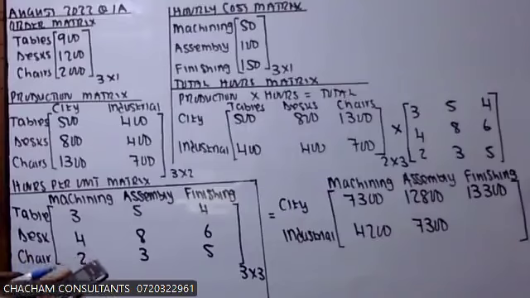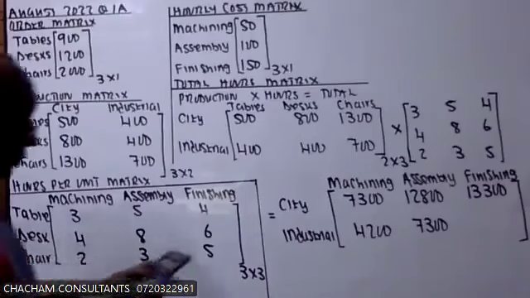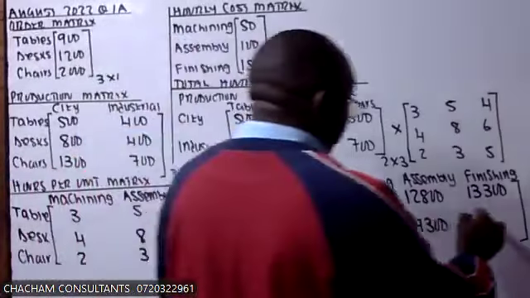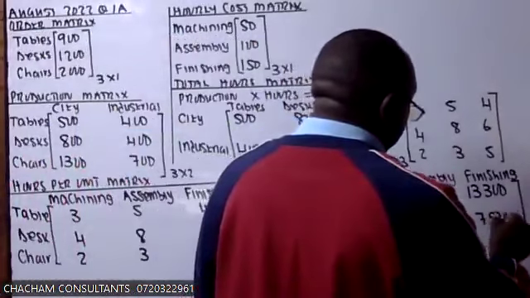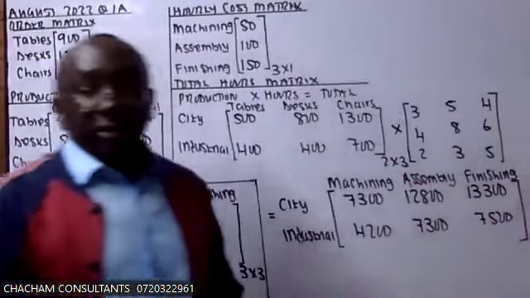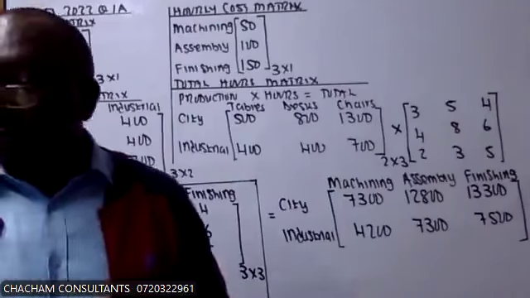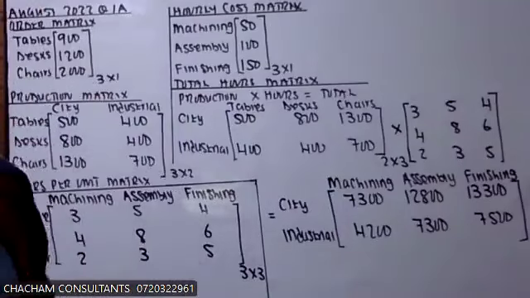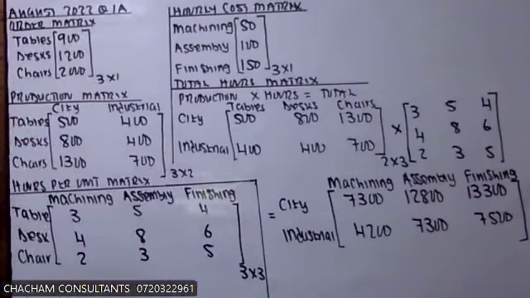So 400 times 4 plus 400 times 6 plus 700 times 5. 7,500. So those are the hours.